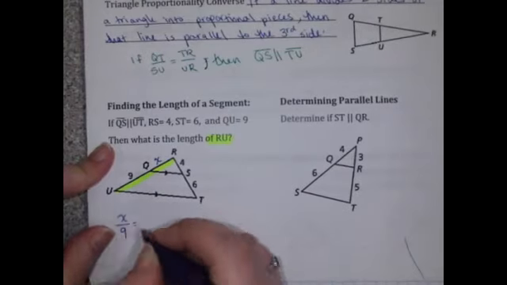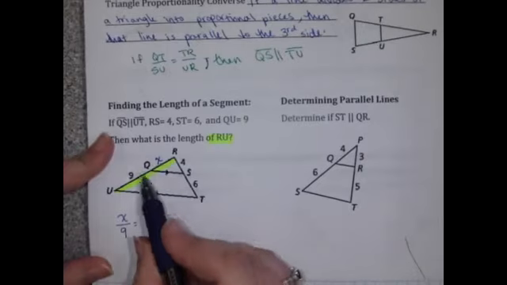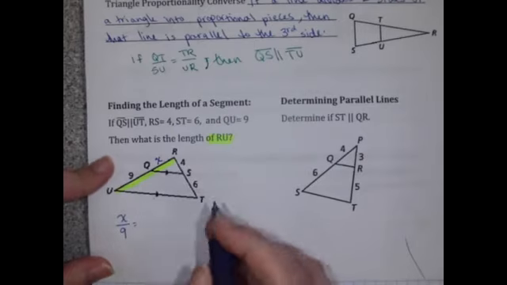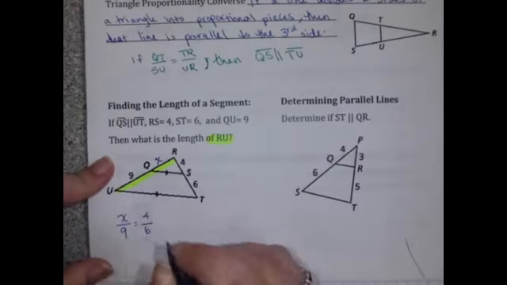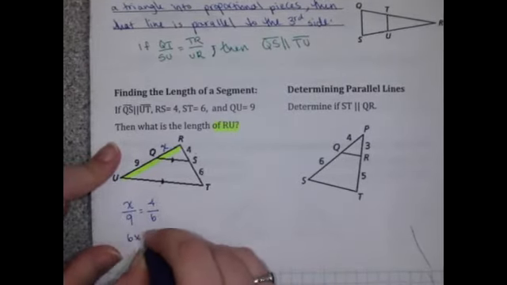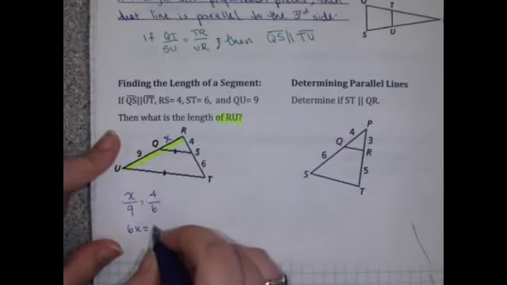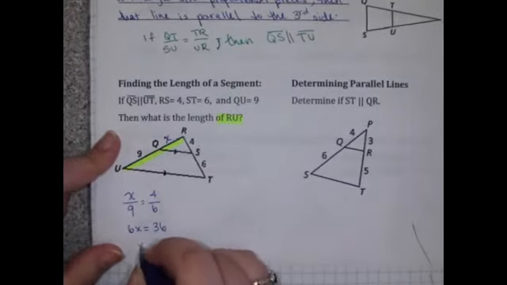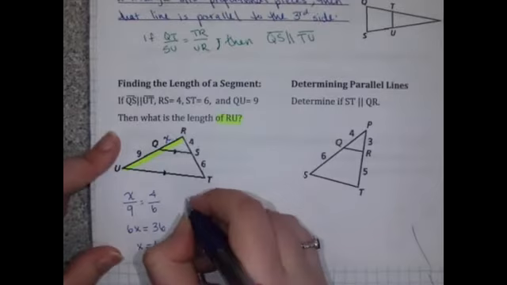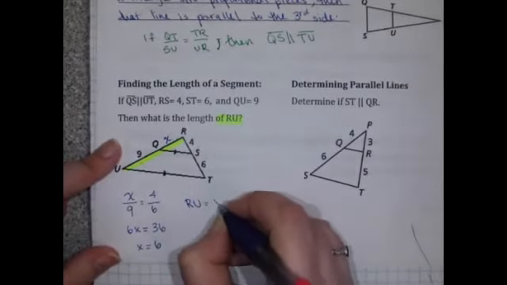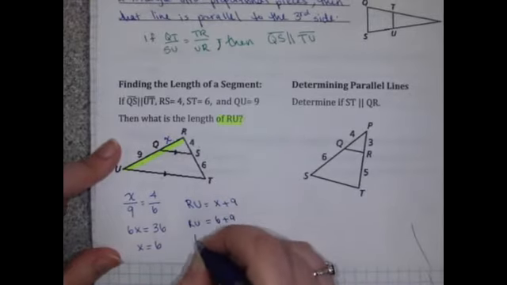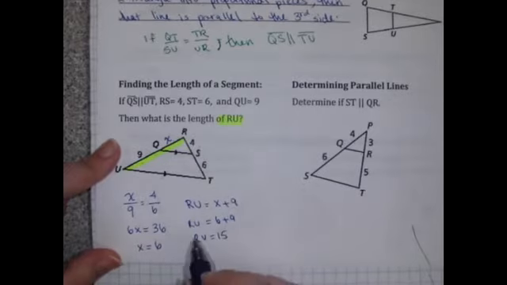X over 9 would equal 4 over 6, because we know they're proportional since these are parallel. Cross multiply: 6x equals 9 times 4, which is 36. Divide by 6, x is 6. Remember, that's not your final answer, that's just what x is. RU would be x plus 9, so RU is 15.